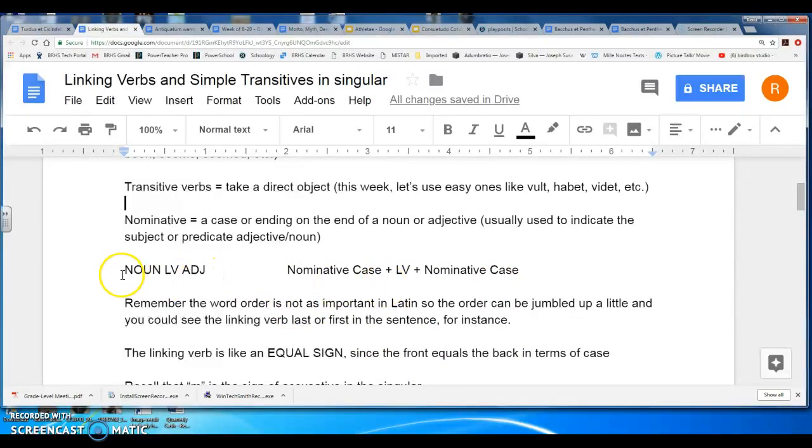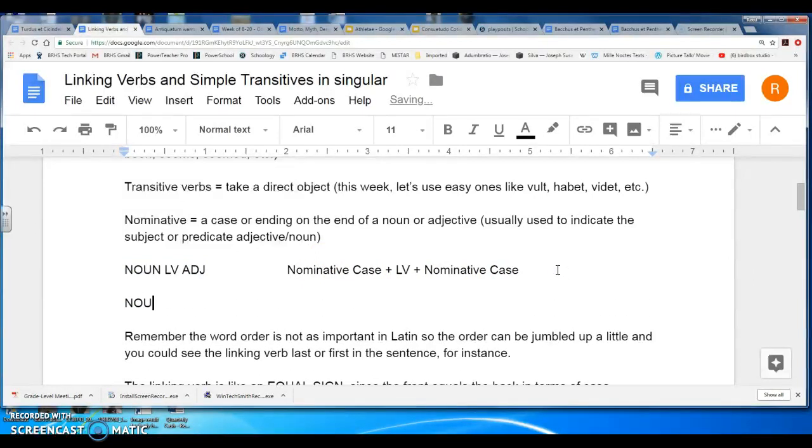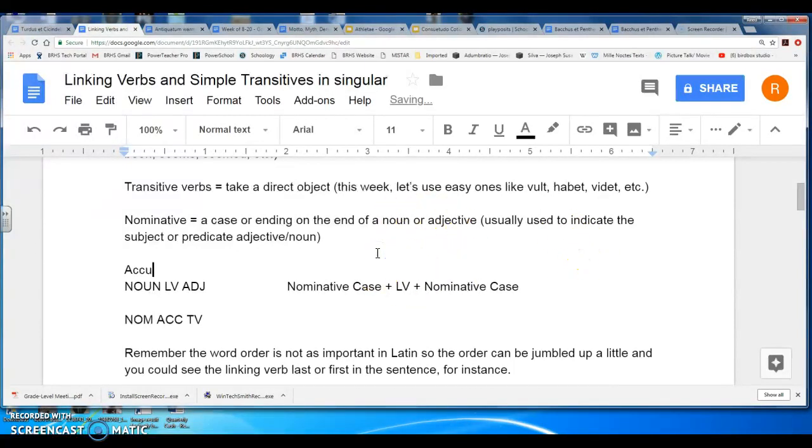This is one of the examples that you could see: noun, linking verb, adjective. Now you can also see subject noun, nominative, accusative, transitive verb. That's another function of what we see. And again, the accusative case, let's not forget about that.